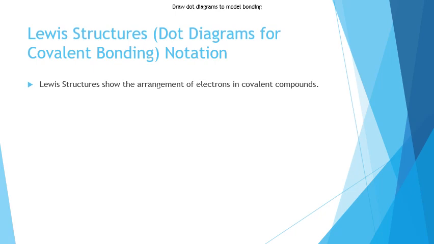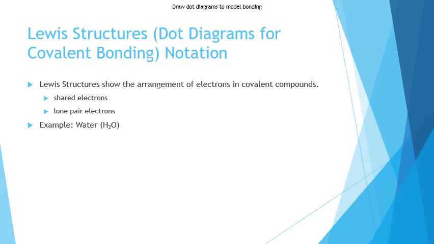When we talk about electrons, remember with chemical bonding, we're talking about the valence electrons. It's the only electrons that we are concerned with. We will see shared electrons, because after all, covalent bonding involves the sharing of electrons between atoms. And we'll also see lone pair electrons. These are the electrons that are not being shared, that belong to just a single atom.